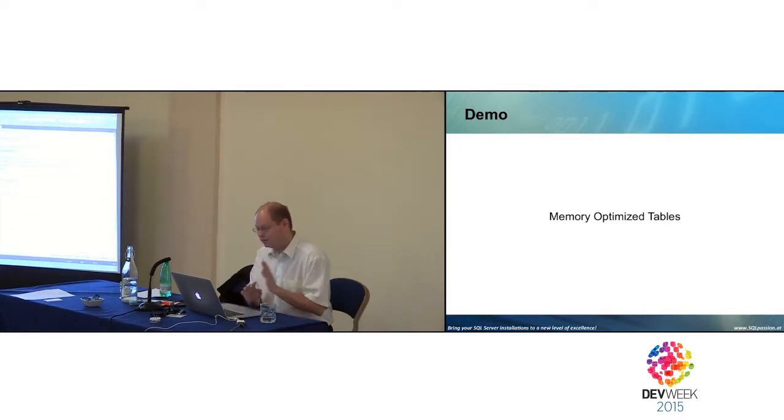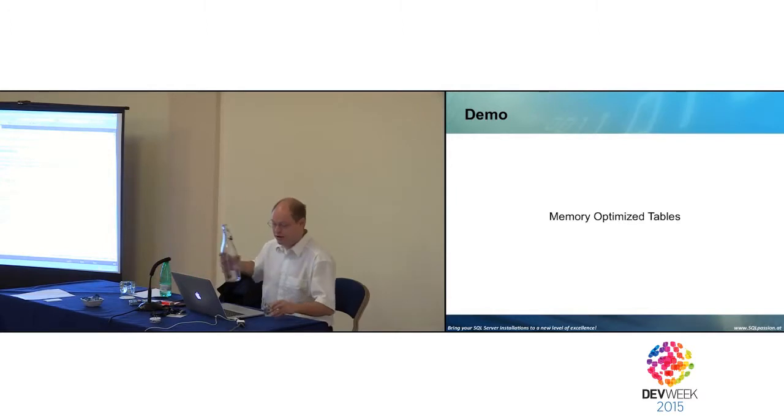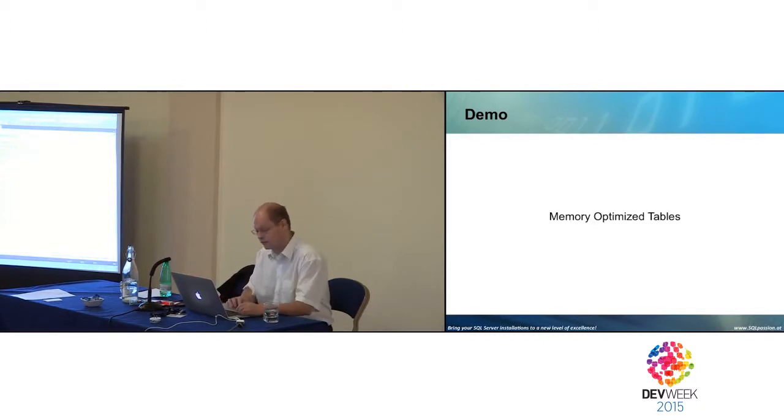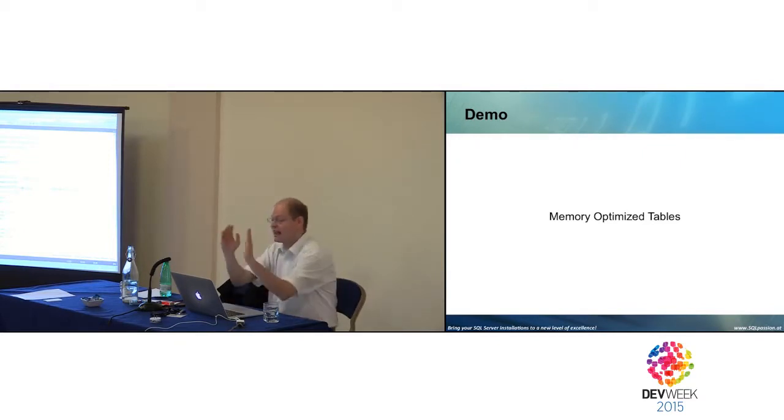I start here completely from scratch with a completely new database. So, the first step, I just create a new database, and as I've already said previously, In Memory OLTP relies on a file stream file group.